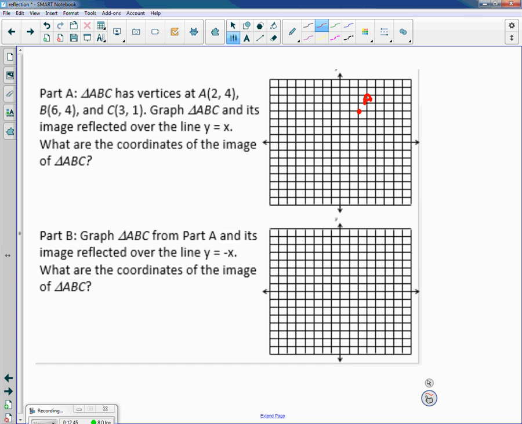That's A. B is at 6, 1, 2, 3, 4, 5, 6, 1, 2, 3, 4. B. And C is at 3, 1, 2, 3, 1. Now, when I talk about y equals x, y equals x is this line right here.